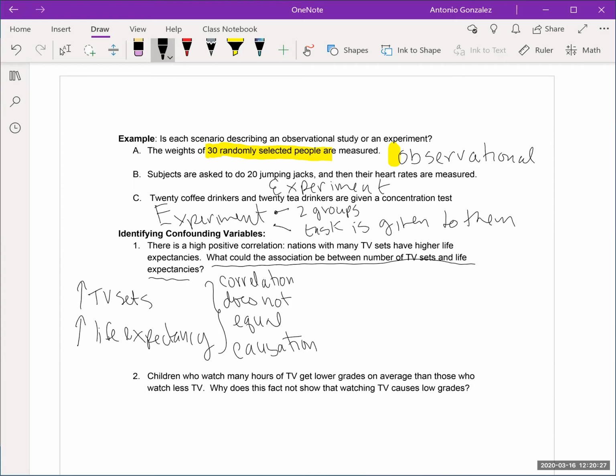Okay. So then here we want to think through, if the nation has a high number of TV sets, and the higher the number of TV sets, the higher the life expectancy, well, what else could be influencing the higher life expectancy? One thing to keep in mind is that TVs in general are a luxury item.